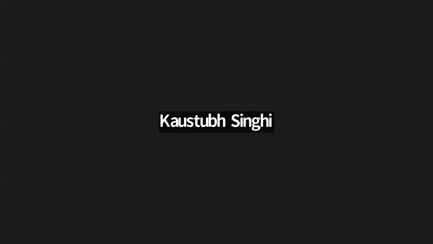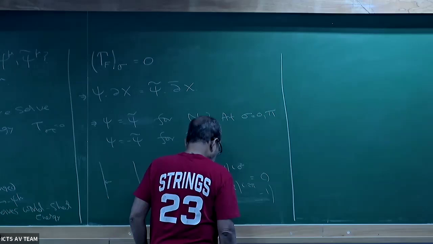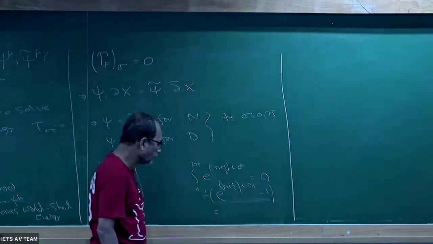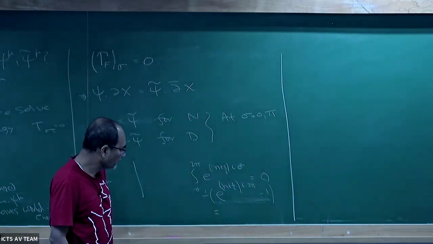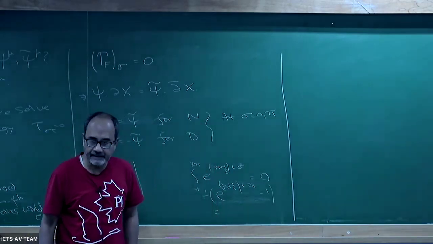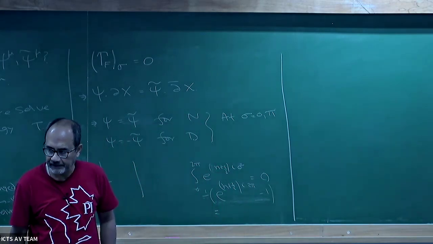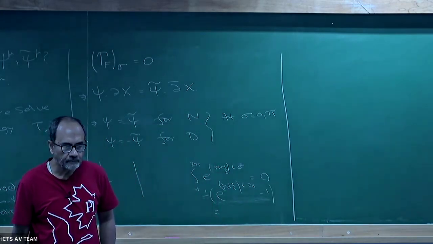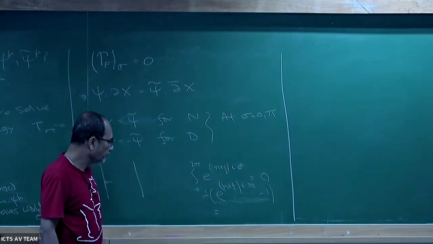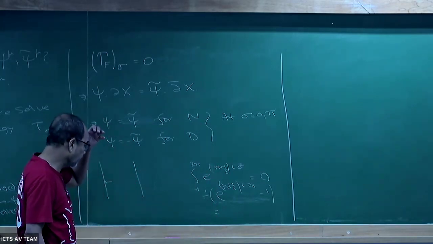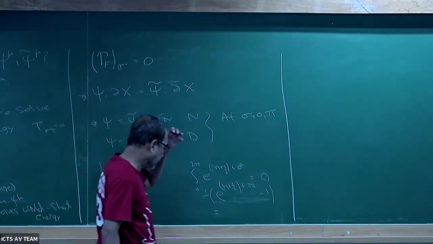Looks like a minus 2 by something. Exactly, it becomes ill-defined. That is a branch cut, right? So this object becomes ill-defined. Yeah, it's certainly not 0.